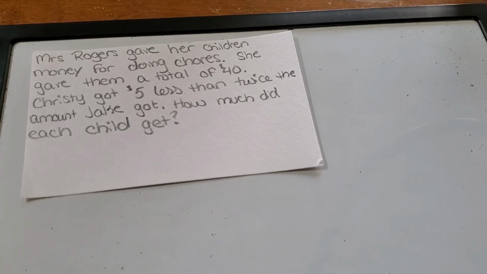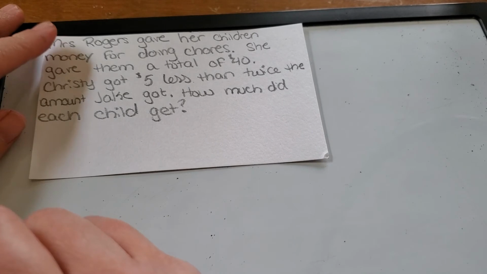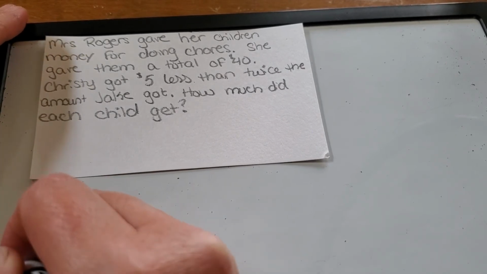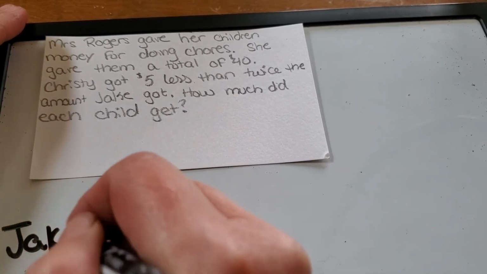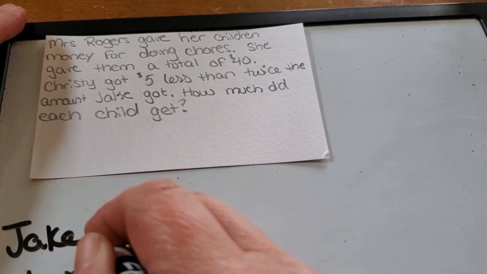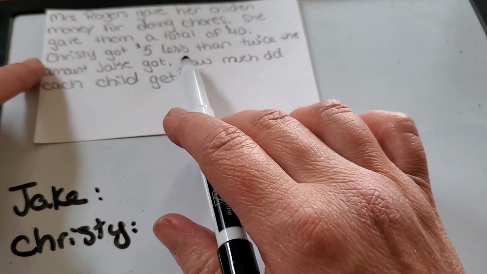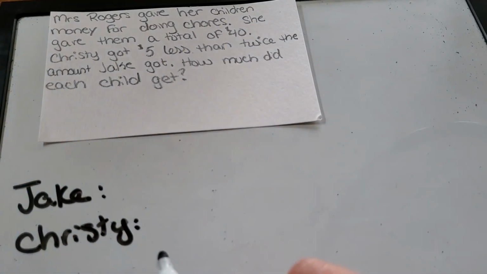How much did each child get? Now, before we set up our equation, let's write an expression to represent what Jake got and what Christy got. Now, I didn't really tell you anything about Jake's money. I told you Christy's money was 5 less than twice Jake's.